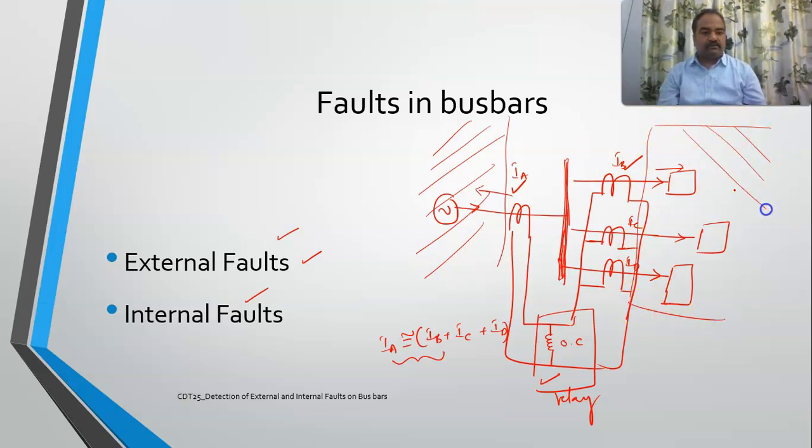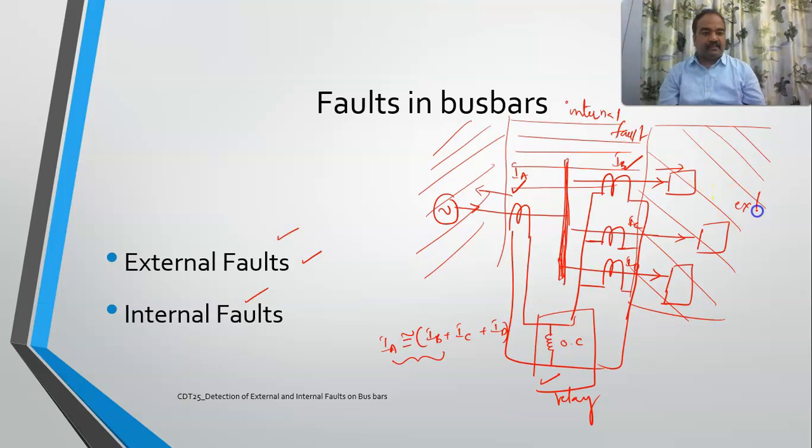Beyond the CT, if a fault occurs in this zone, it is called an external fault. And if your fault is occurring between the CTs, then it is called an internal fault. So this is the classification which I am making: external fault and internal fault based upon the present location of my CTs.